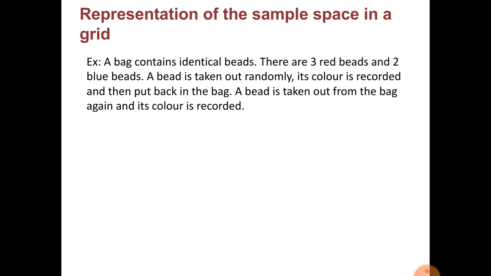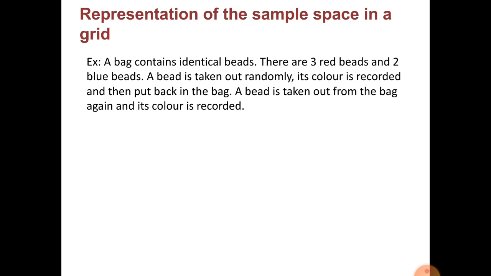The next most important thing is representation of the sample space in a grid. For this, I would explain it to you with an example. Imagine a bag contains identical beads. There are 3 red beads and 2 blue beads. A bead is taken out randomly, its color is recorded and then put back in the bag.